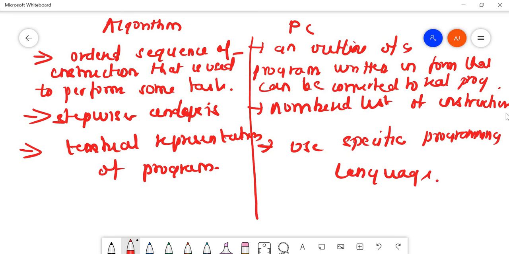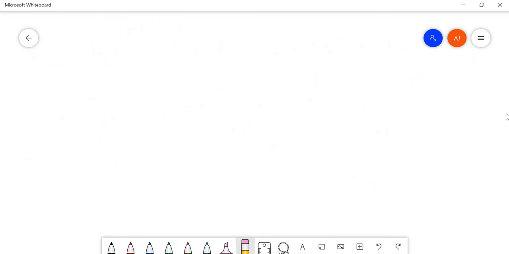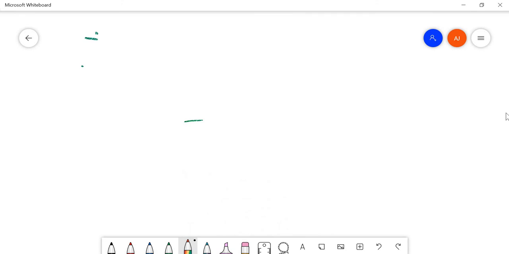Fine, so I think these were some different questions that were asked from chapter 1, and all other questions I think you'll be able to solve. Some of the questions that are frequently asked, I'll just write the questions. Okay, so generation of programming language, compiler and interpreter.